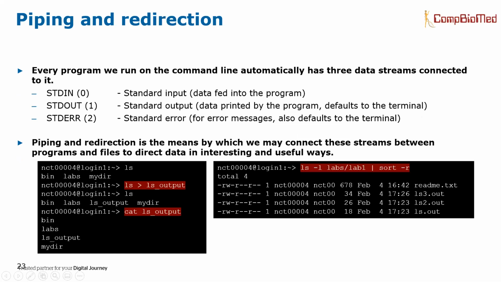When you type in a command, the options and the arguments that come afterwards in the command line are called inputs. So for example, when I type ls -l lab/lab1, I am basically giving an input to my command line.